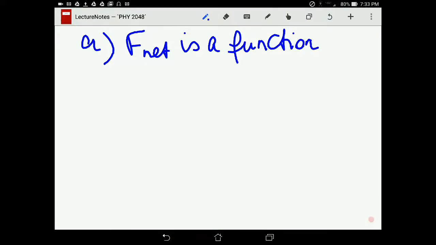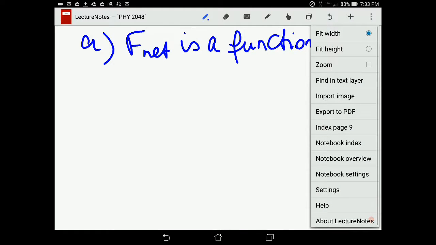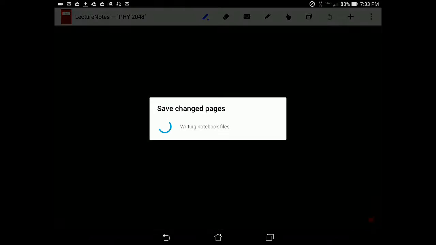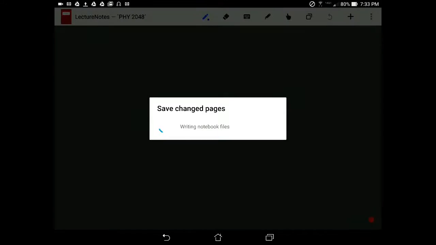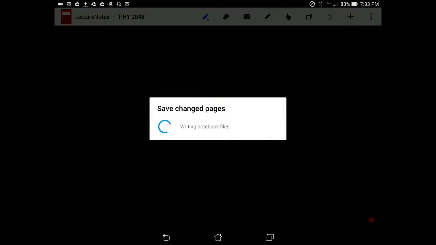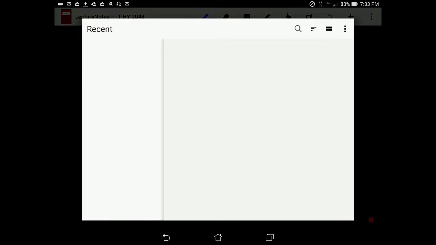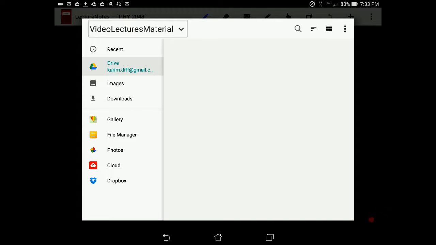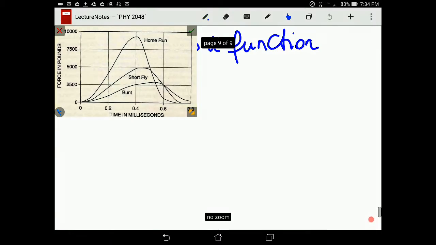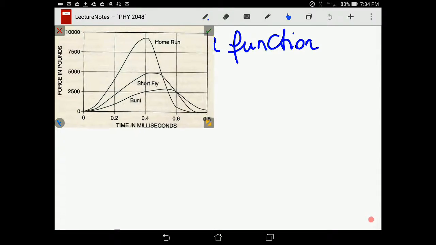So here's a quick example. This is from a book on baseball. And in that book, you will find pictures representing the value of the force. So I'm going to show you a picture representing the magnitude of the force.